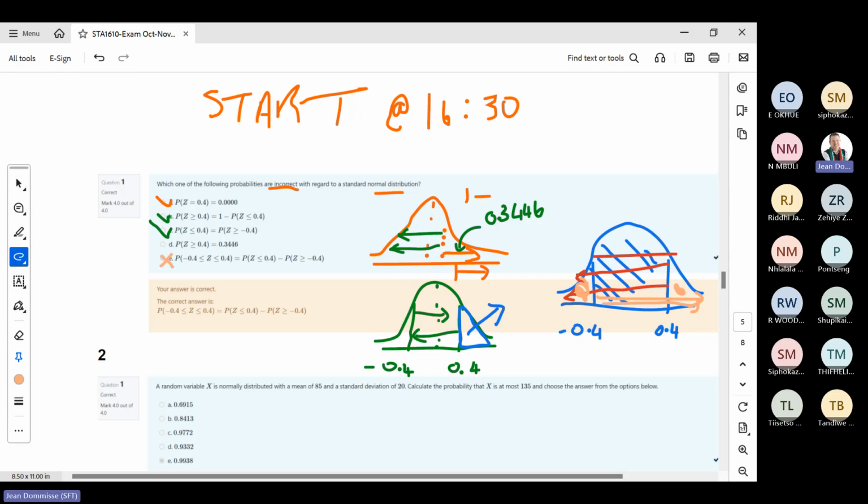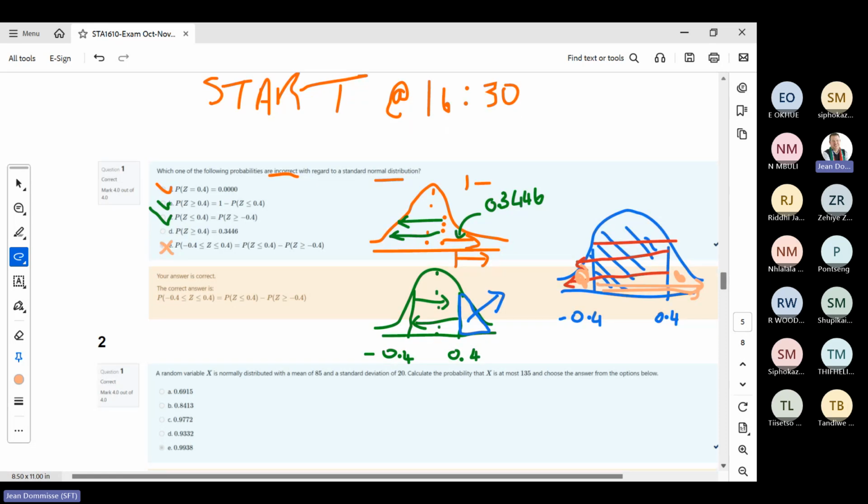So that's why E is the incorrect option. Unfortunately there's no quick way to get to the answer here, so it's very important that one just works through the options.